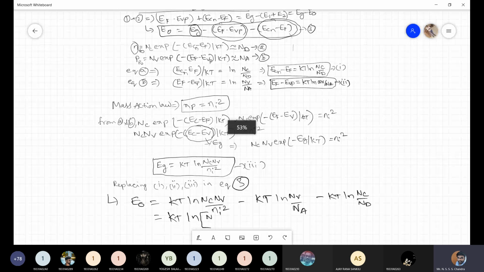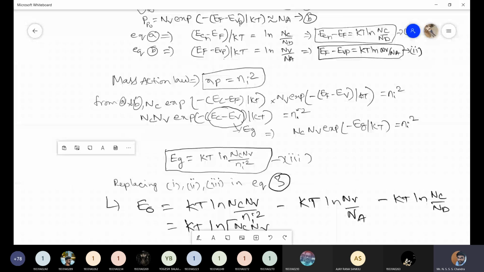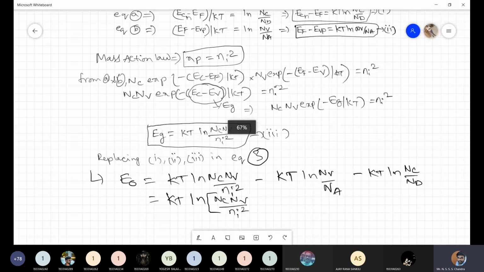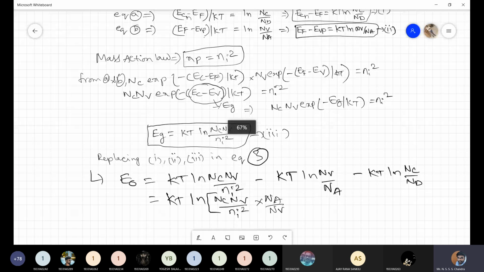So it's Nc Nv by Ni square. Here, if this minus term is there, the numerator and denominator will get interchanged because log a minus log b will become log a by b. So it will be Na by Nv.